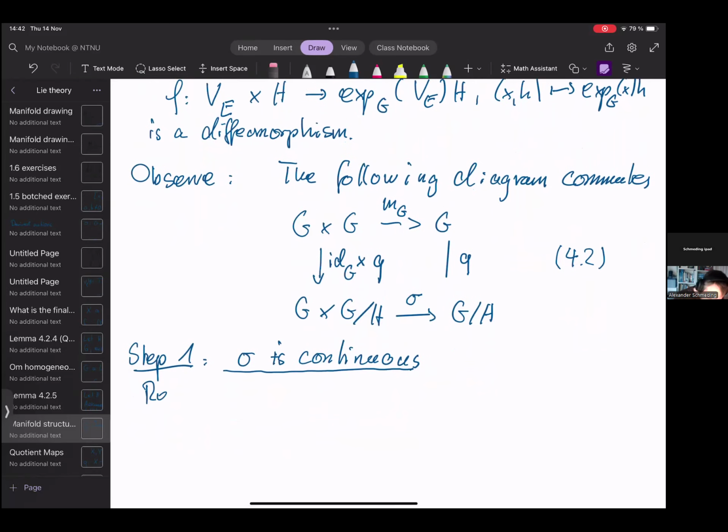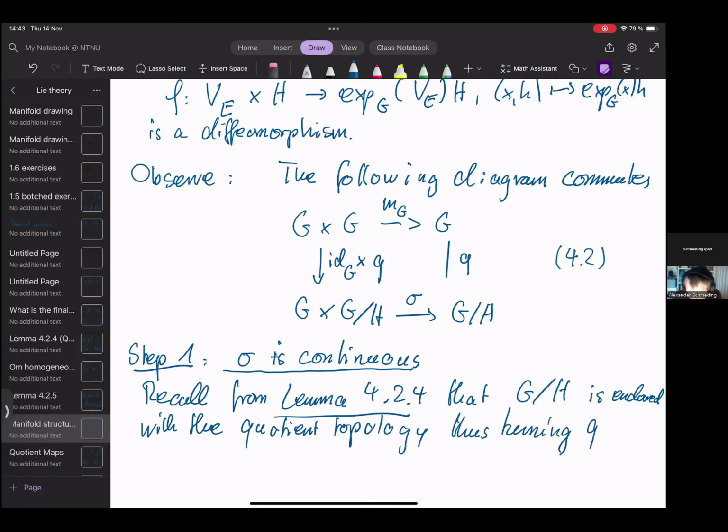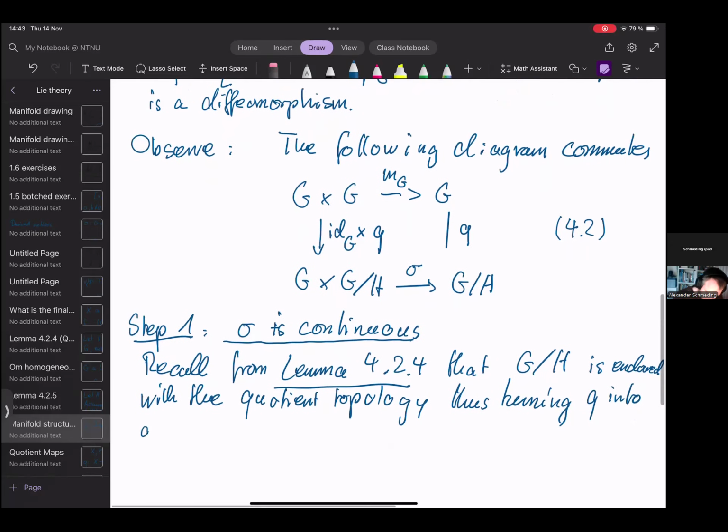And recall for this from lemma 424 that we put on G mod H the quotient topology, or it is endowed with the quotient topology, thus turning Q into a quotient map.